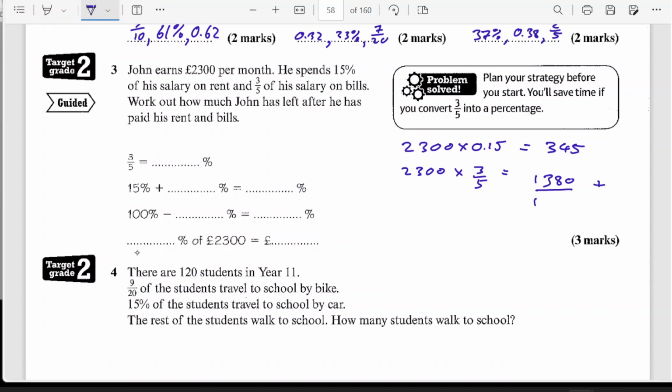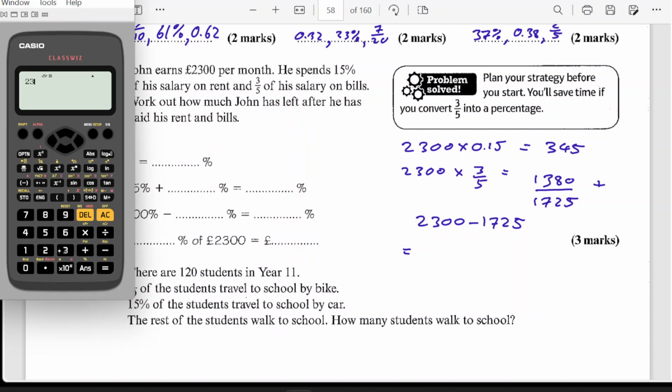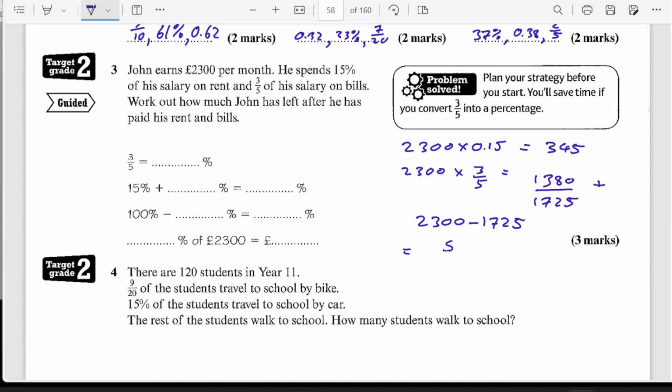So he spent £1,725 of his monthly paycheck. So how much does he have left? I'm going to do 2,300 minus 1,725. So 2,300 minus the answer that I just worked out, so £575.